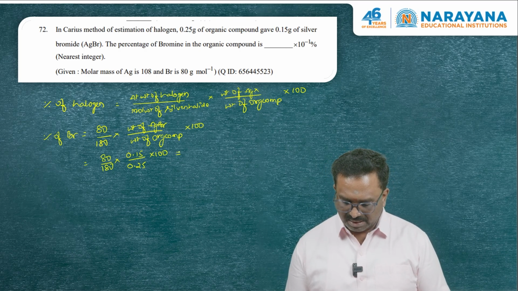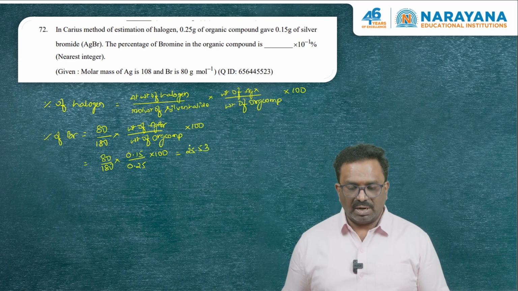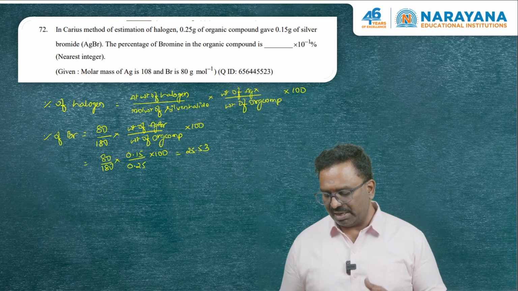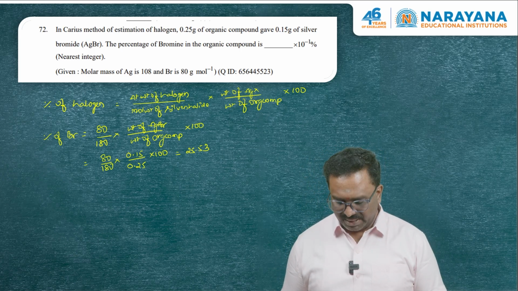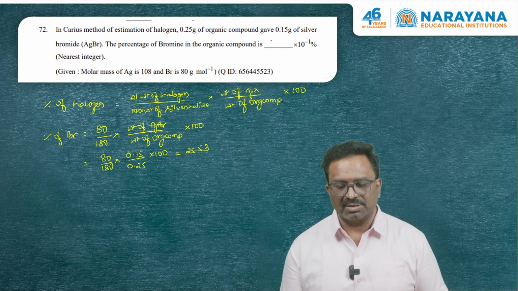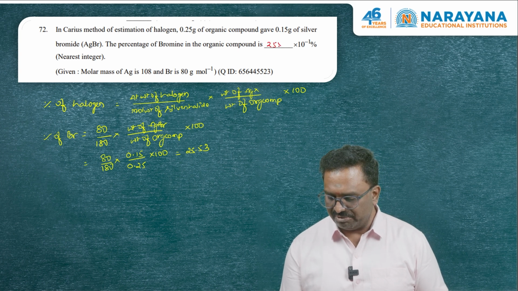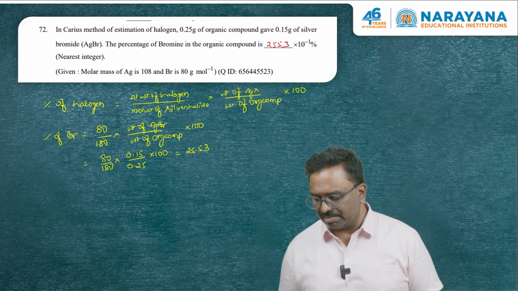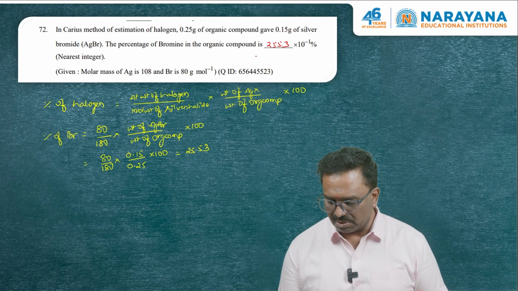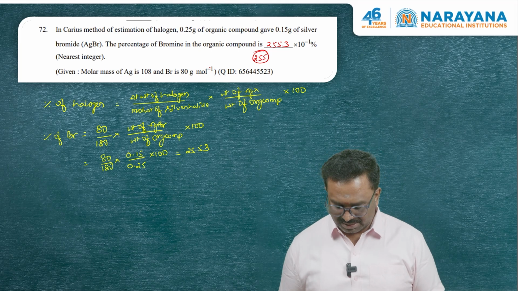So this is nearly 25.53. But what he had given is we have to represent that in terms of into 10 to the power minus 1 percentage. So here you can identify this is 255.3 into 10 to the power minus 1 percentage. Nearest integer we have to round off, that is 255 is the nearest integer.